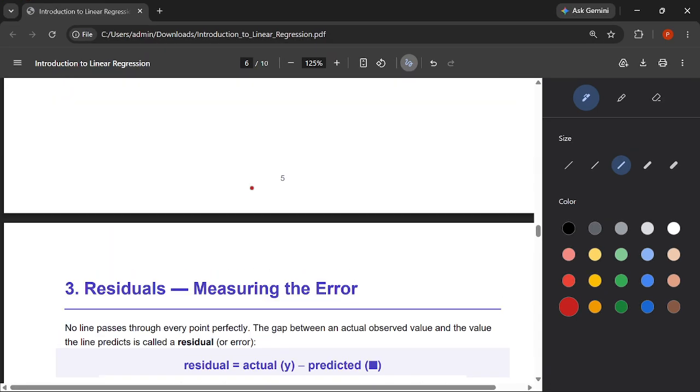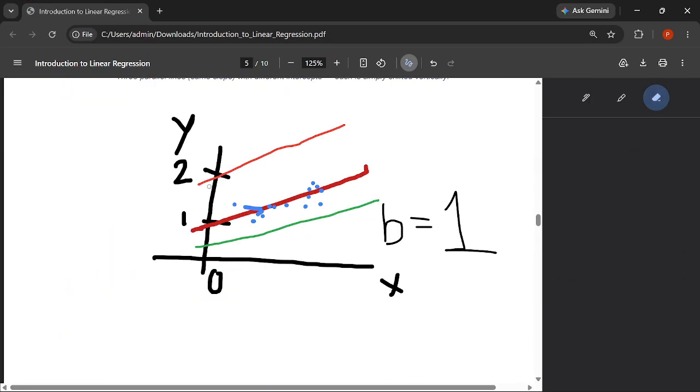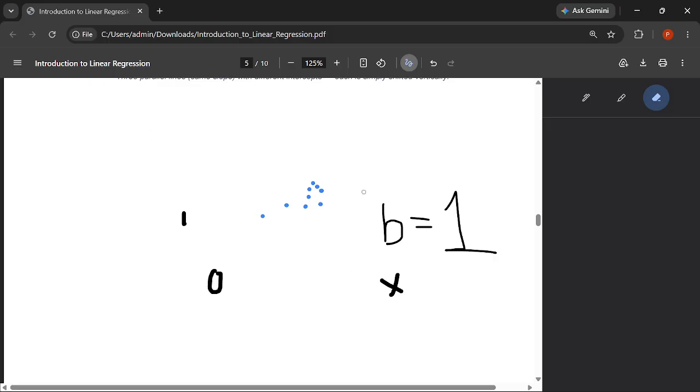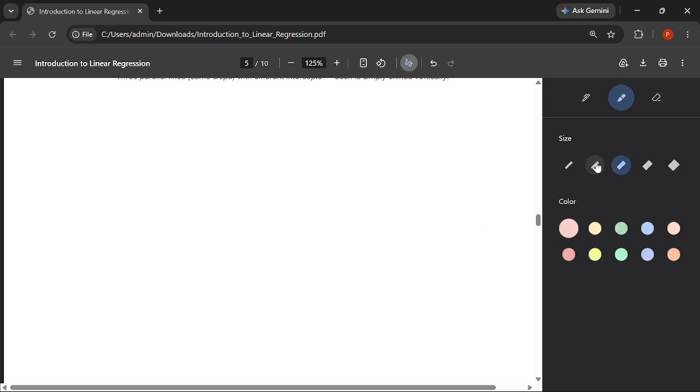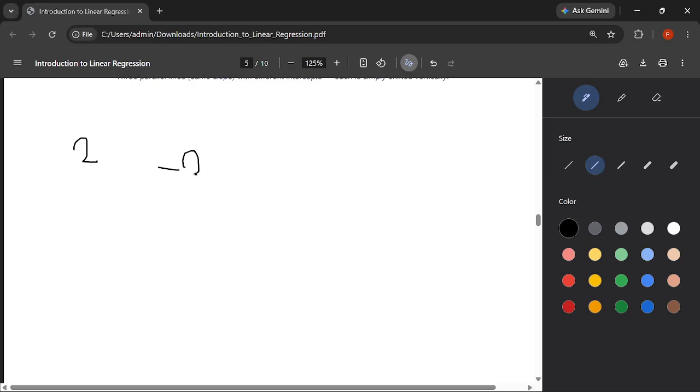Okay, this is simple. Let me show you why we take squares of the errors. Let's suppose the first error we get is 2, the second error we get is minus 3.